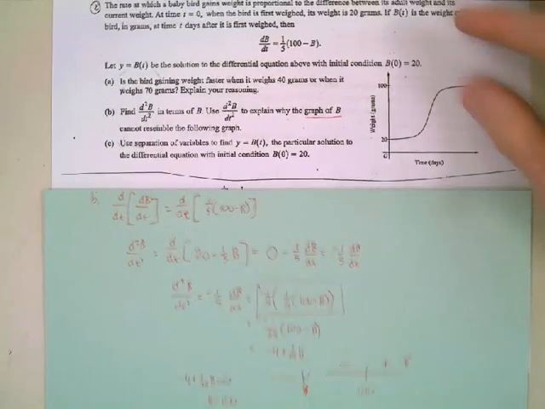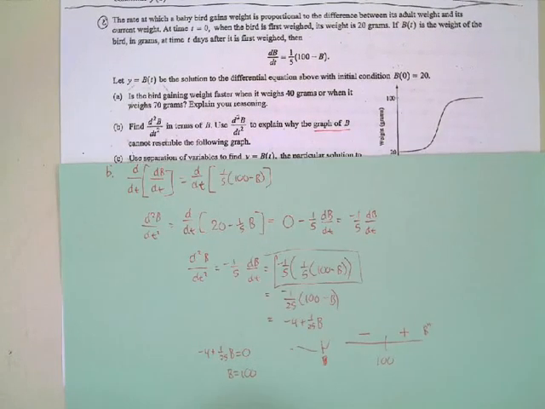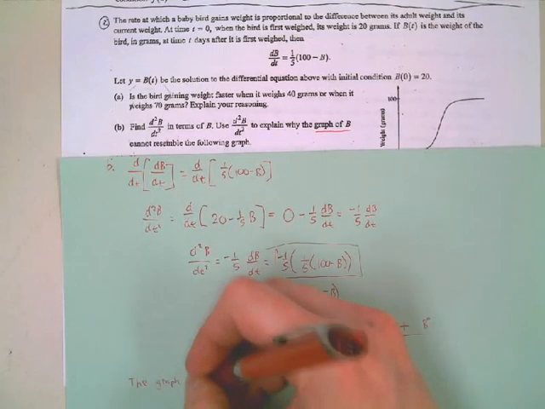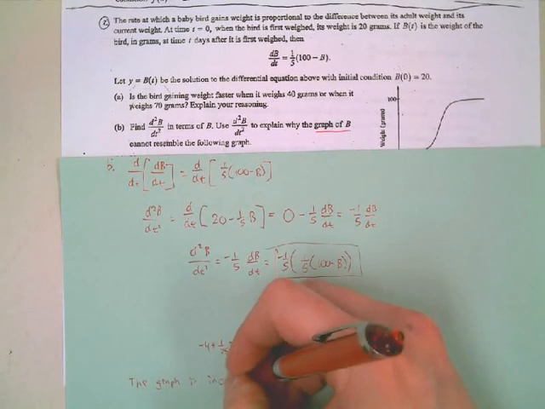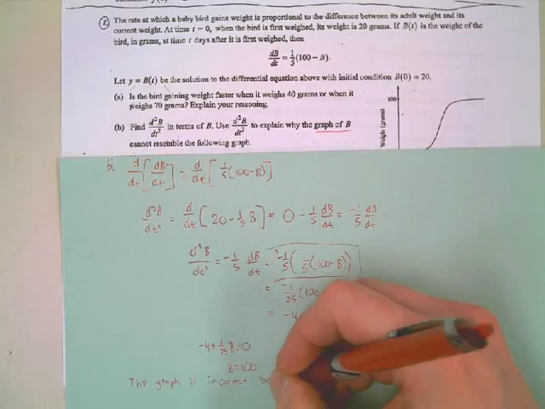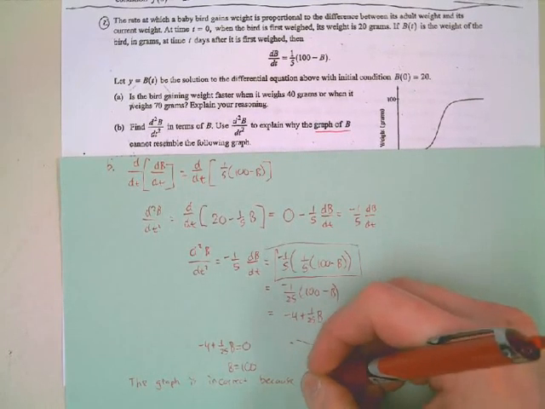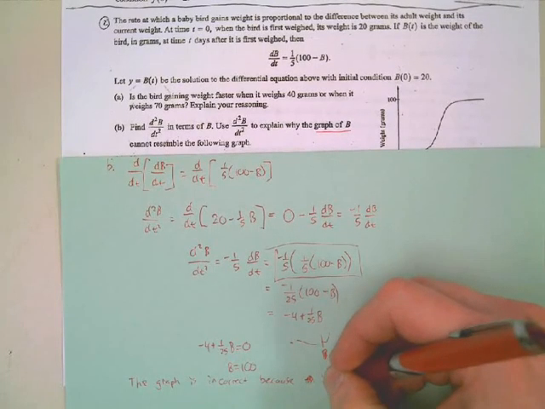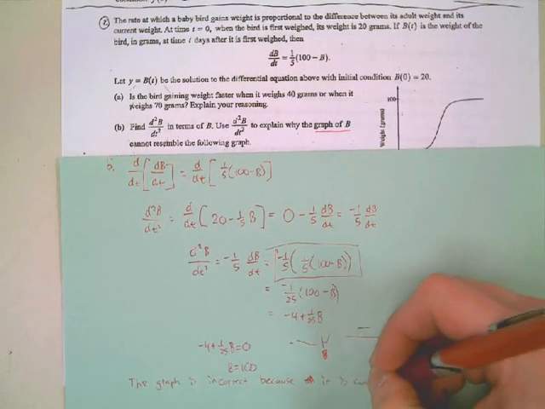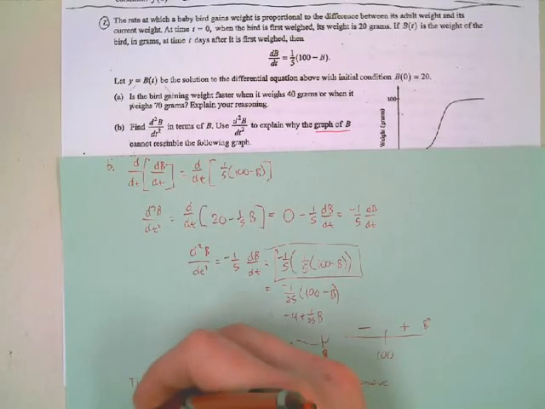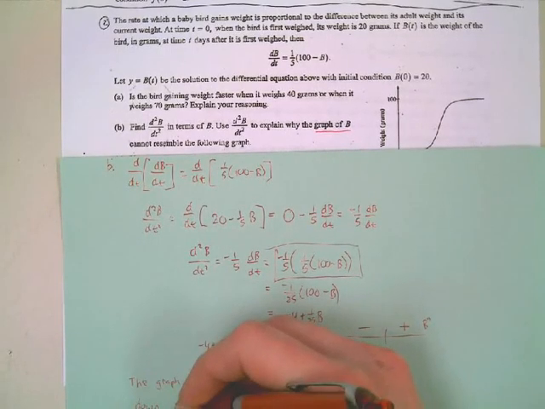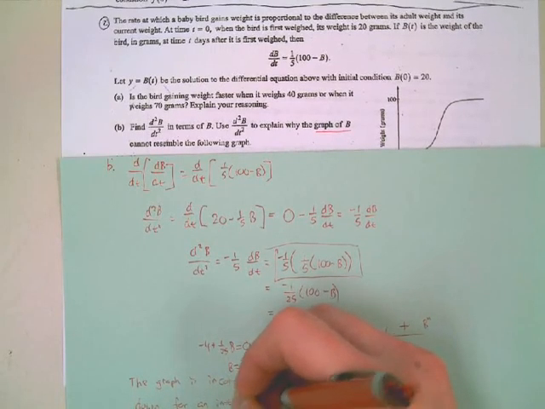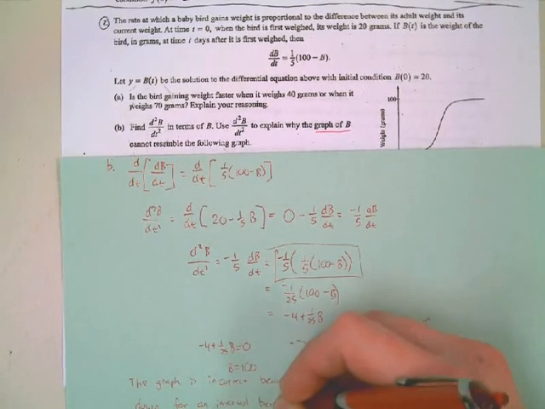So the graph is incorrect because it is concave down for an interval between 20 and 100.